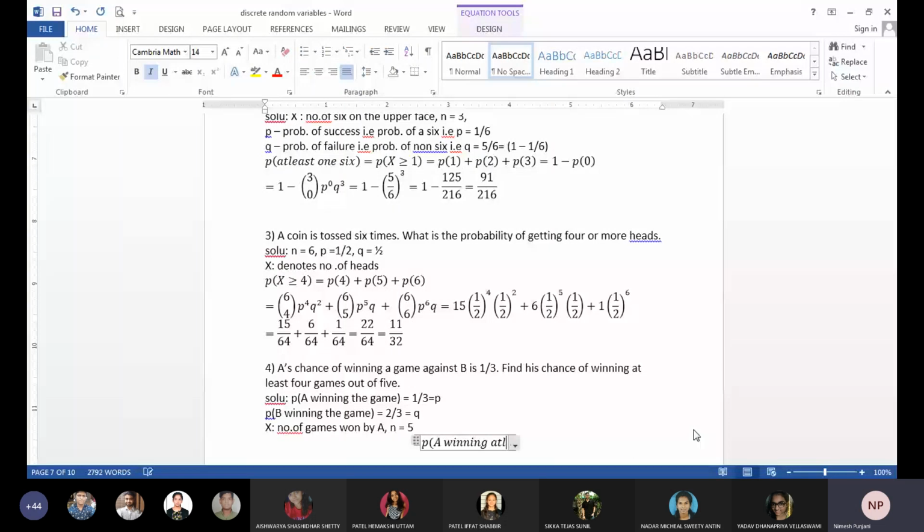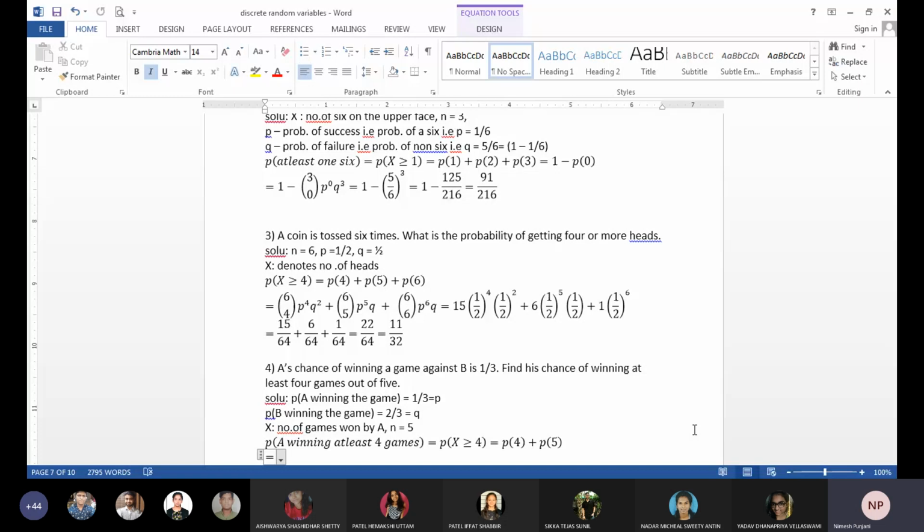So probability of A winning at least 4 games. Right? In terms of X, what will it be? X should be greater than or equal to 4. So that is P of 4 plus P of 5, because the value of N is 5, right?